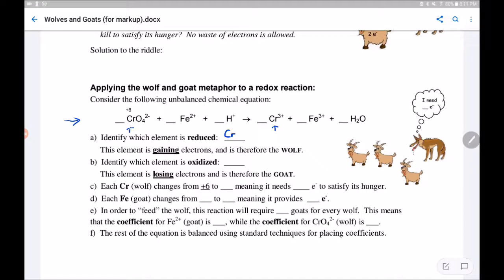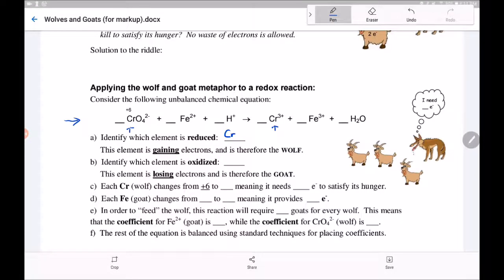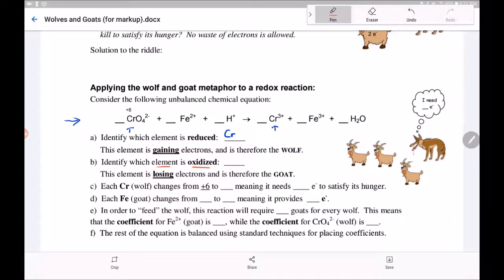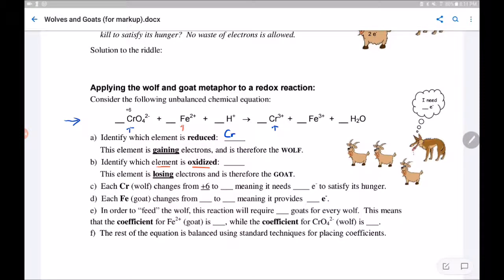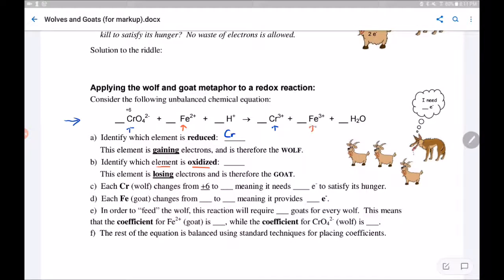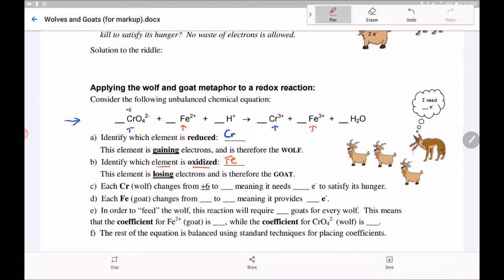So Cr is reduced. The second question is which element is oxidized? That element will have its oxidation number increase. Here's Fe in a 2+ state. On the other side, it's in a 3+ state. Fe, iron, is oxidized.